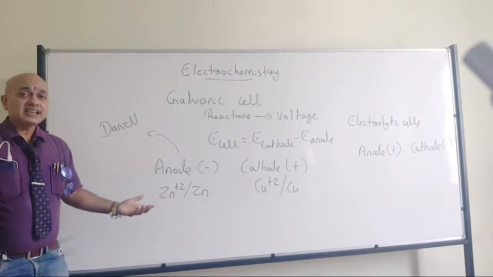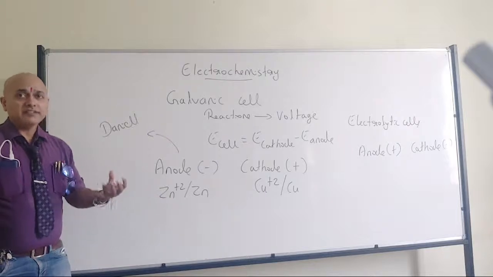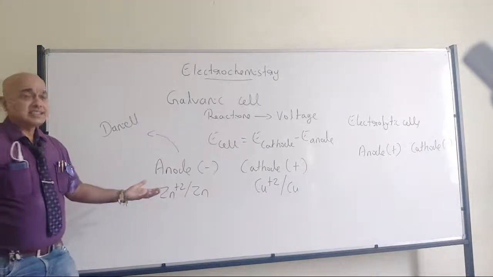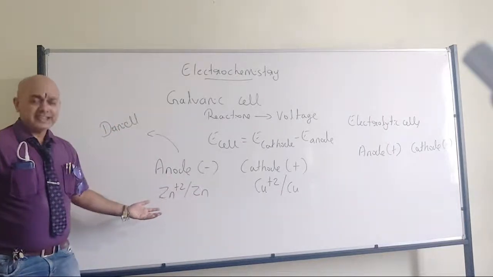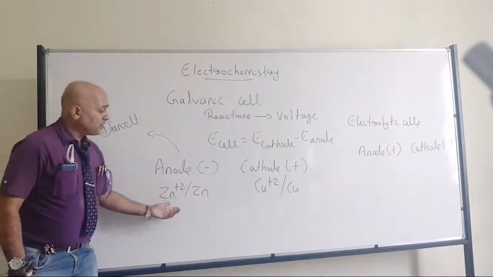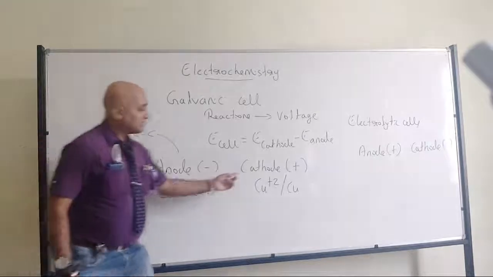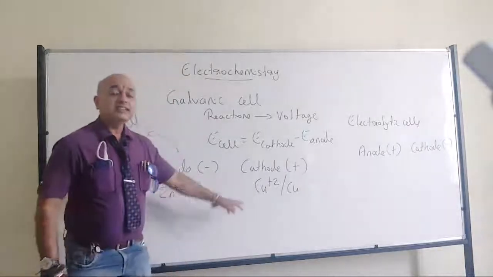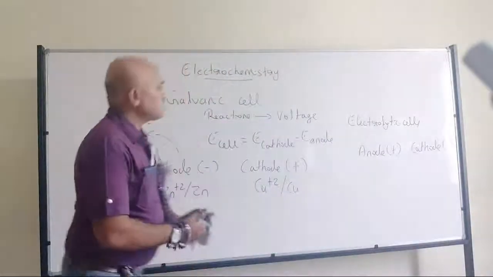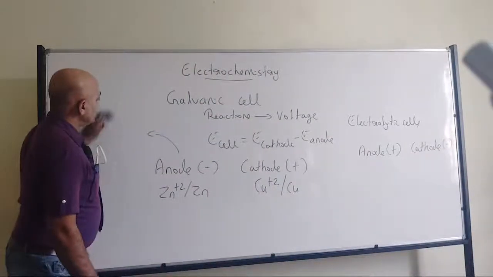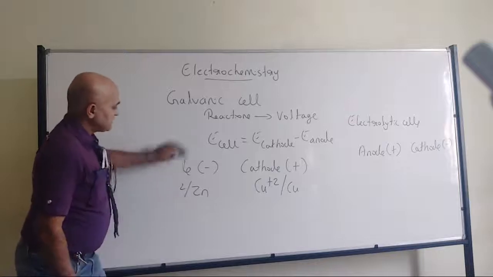Daniell cell is a narrow term, named after a person. It's a narrow term because it's applicable only for one condition, where anode has this redox couple and cathode has this particular redox couple. Fine. So that's what we discussed in the last class.